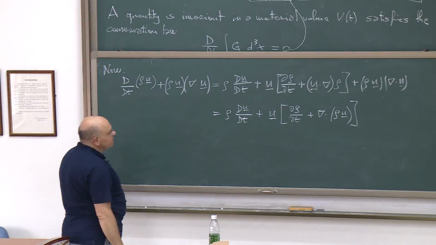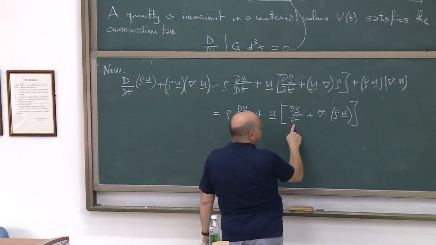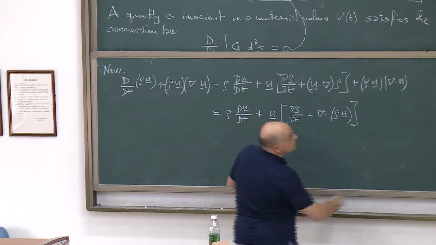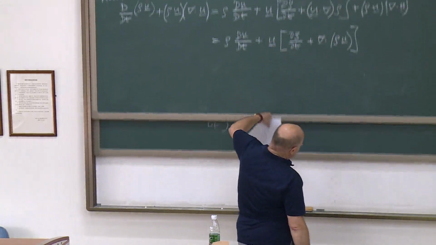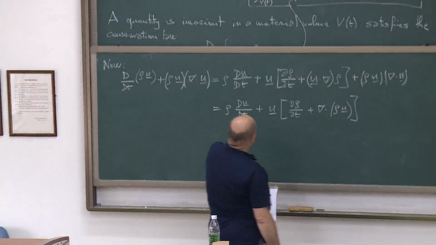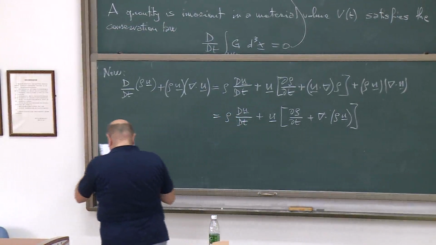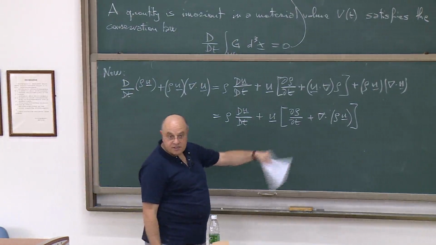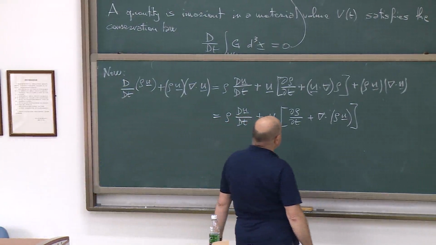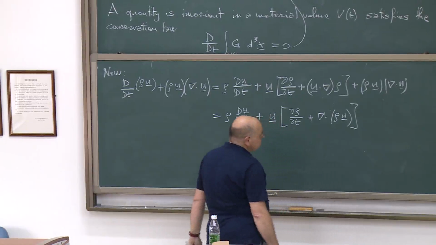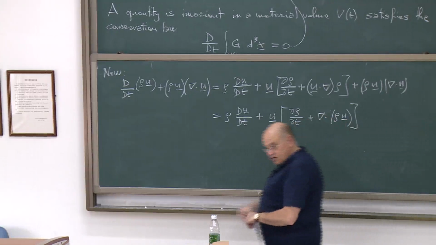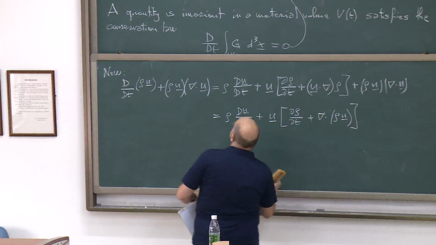And as you recognize, d rho/dt plus the divergence of rho u, which I probably deleted, is a quantity that, due to mass conservation, is 0. So we get to the result. I'm sorry, I just deleted that.